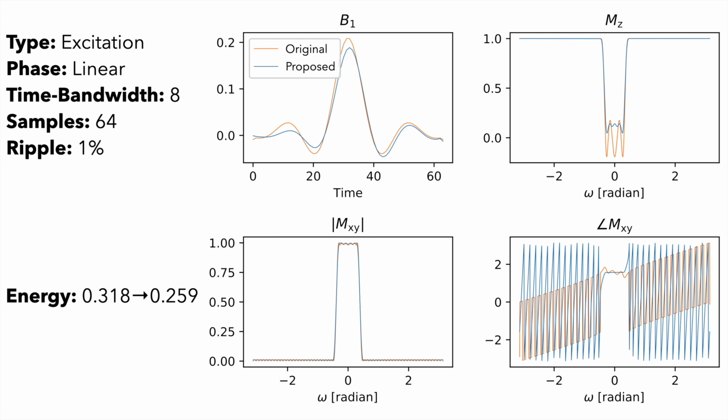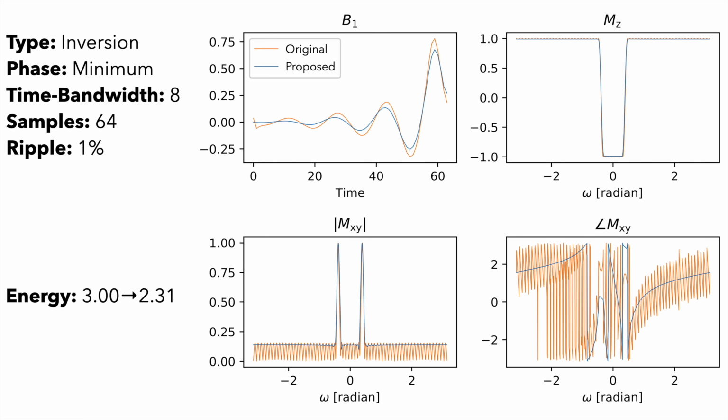This is also reflected in the energy reduction, where there's an 18% reduction from 0.318 to 0.259. Moreover, if you look at the phase profiles on the lower right panel, you can see that the proposed SLR pulse has a much flatter profile compared to the original one.